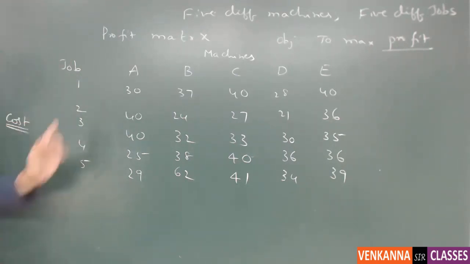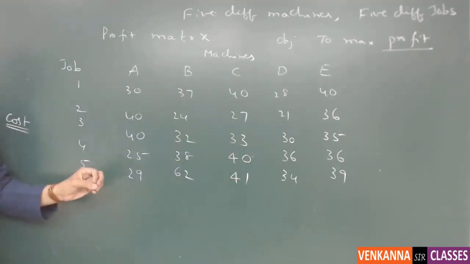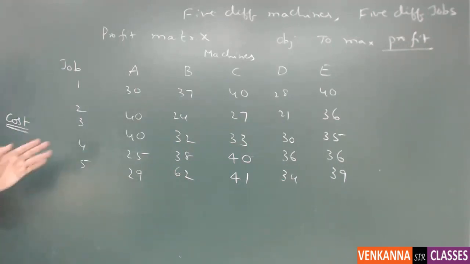You pick up the maximum value in this table and subtract each and every element from the maximum value. So you will get the relevant cost matrix. We apply the same procedure: row reduction, column reduction, allocations, drawing lines, everything is common. Then you will have the minimized cost, so that you will have the maximized profit. That was the whole idea.